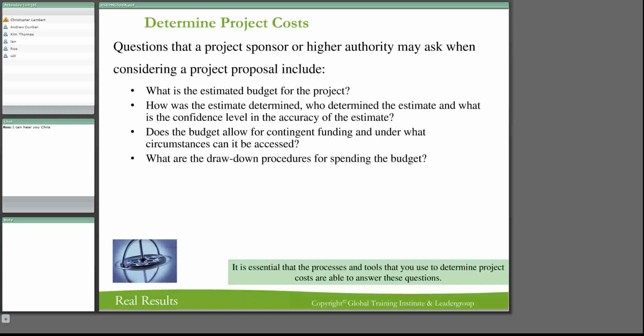What are the drawdown procedures for doing that? In other words, and this is where milestones come in to a large extent, you're going to say, well, as I got to this milestone, therefore I can draw down some more money for spending on the budget. So what are those drawdown procedures? He's going to ask you, how are those?